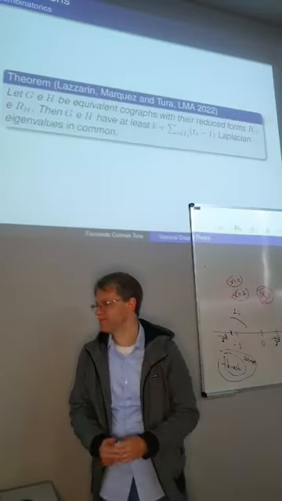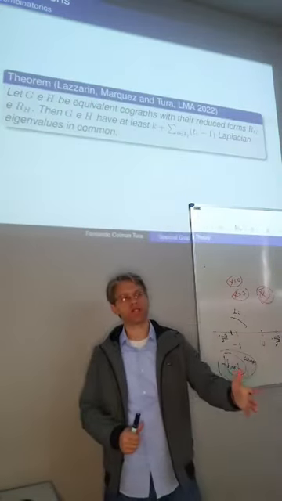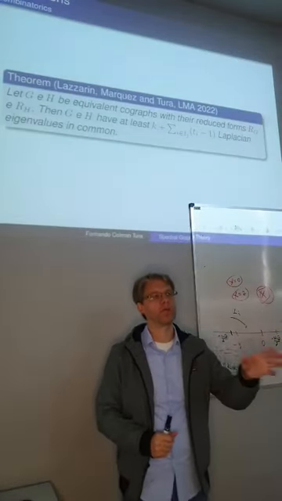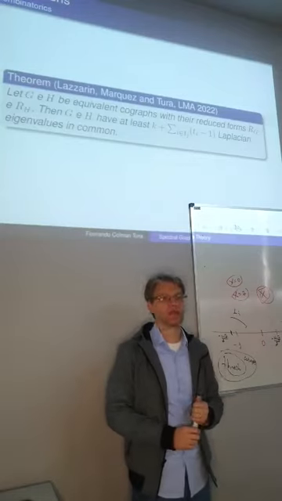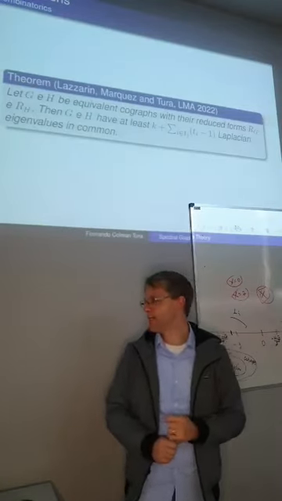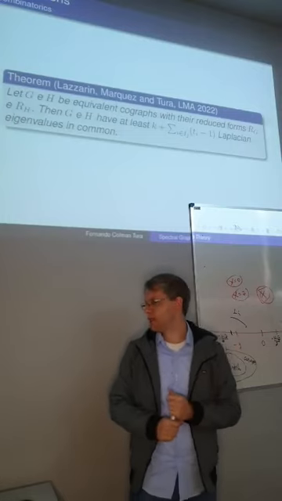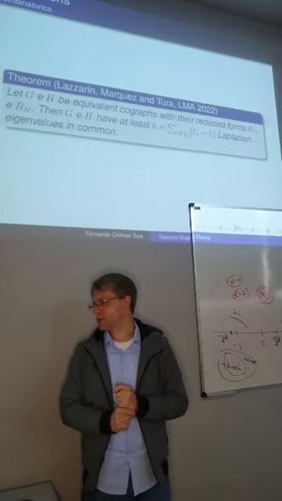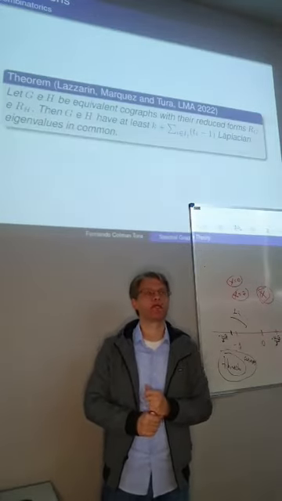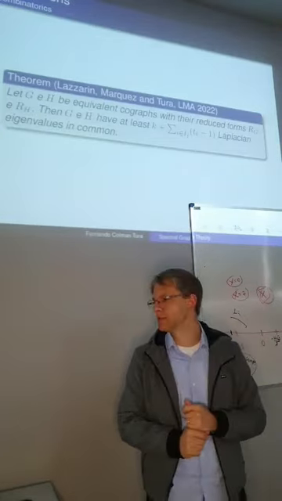Okay, so for finishing, another application of these linear diagonalize algorithms is some problems in combinatorics. Okay, Lazarin, Marx, and me, in the journal Linear and Multilinear Algebra 2022, we proved a conjecture about the Laplacian eigenvalues of cographs.